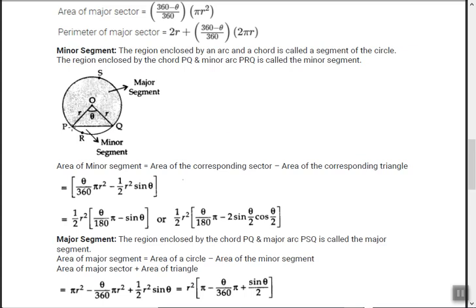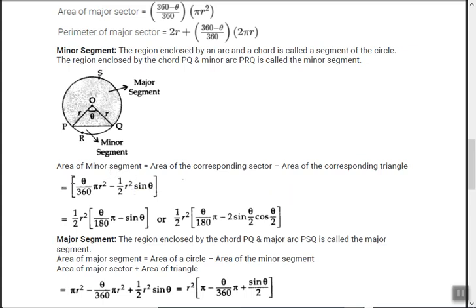Half base height: half into 2R sin theta by 2 into R cos theta by 2. So R into R is R square, and sin theta by 2 cos theta by 2. Adjusting that you get sin theta, because sin theta equals 2 sin theta by 2 cos theta by 2. That's why I said you don't go into that, because that's a double angle formula.